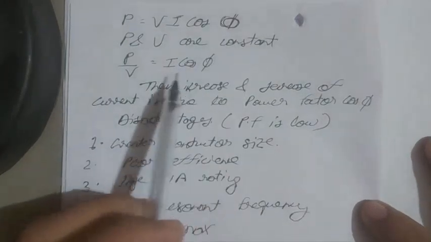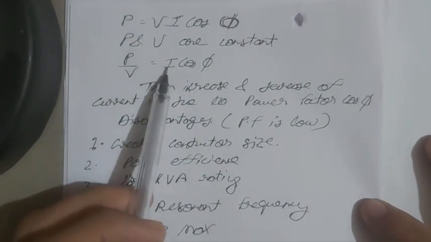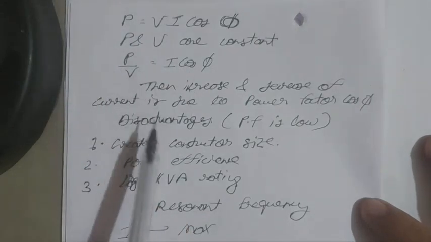If P and V are constant, then only I and cos phi can fluctuate.